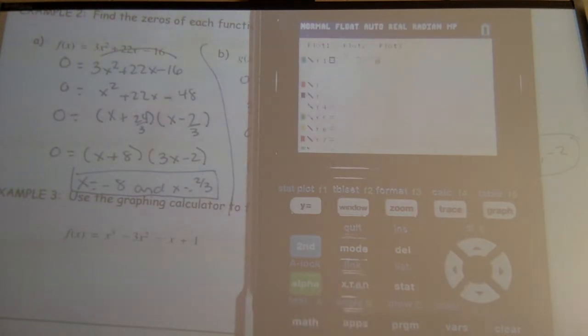And you can just use the x squared key. Minus x plus 1. Everybody have that in? The caret key.